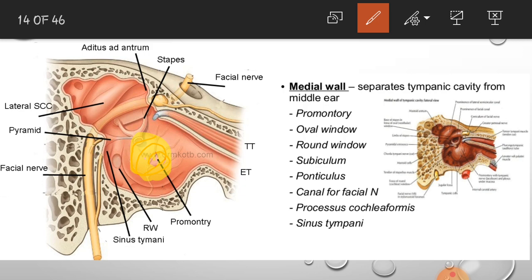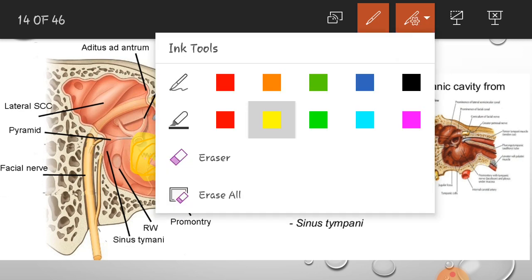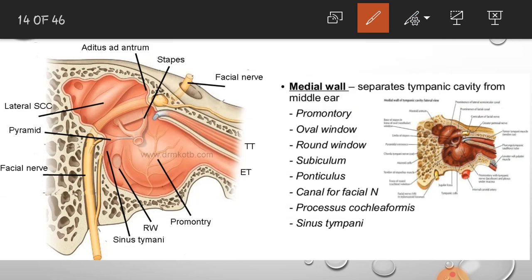I already told you that we have three bony ossicles: malleus, incus, and stapes. Here you can see the stapes, this bone where it is pointing.